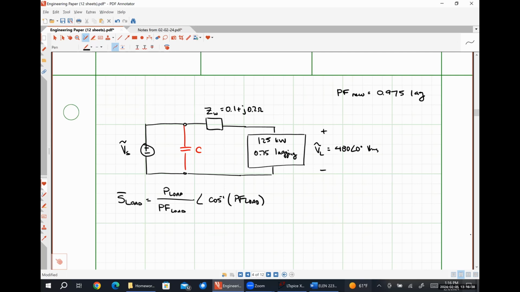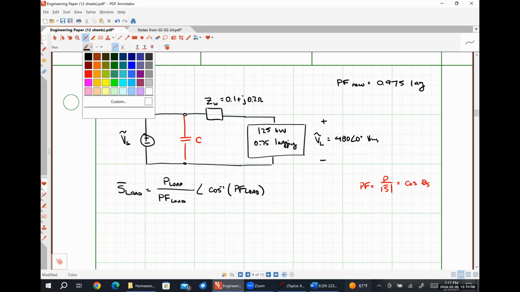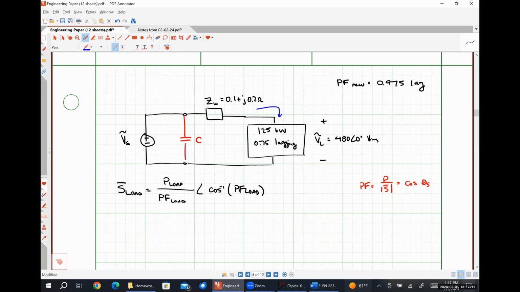Just as a heads up, all of that comes from this relationship: power factor is equal to P over apparent power is equal to cosine theta, S. Just rearranging that relationship. Once I know the complex power absorbed by my load, I can find the current flowing down my transmission line. I'll call that current IW.